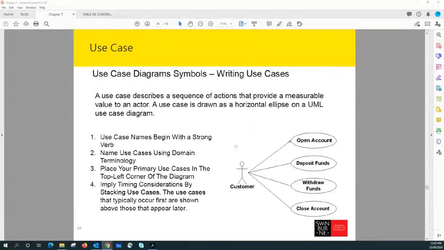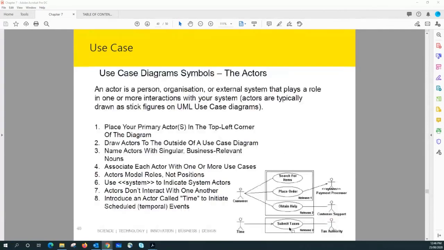So think about your subsystem. Which actors are going to interact with your subsystem? You need to determine that first, right? That is step number one. Step number two is to determine the use cases in your subsystem, right? So these are the two steps you need to think about.